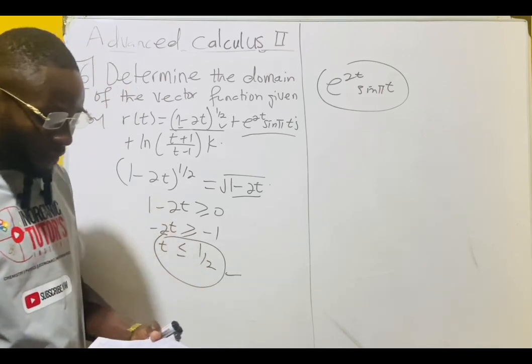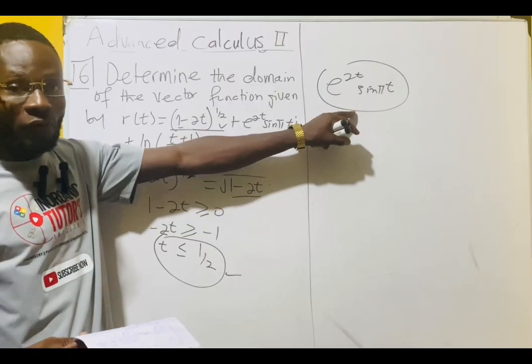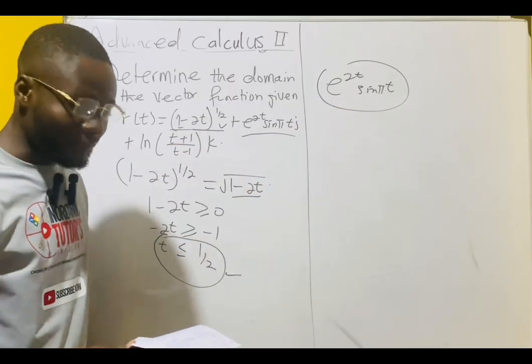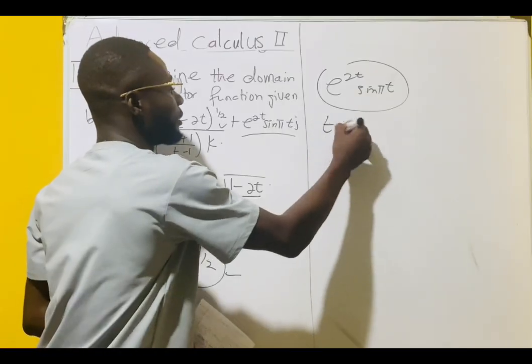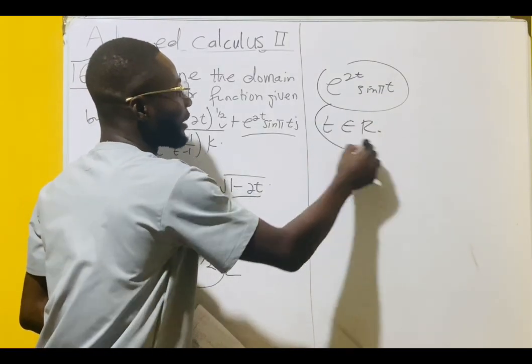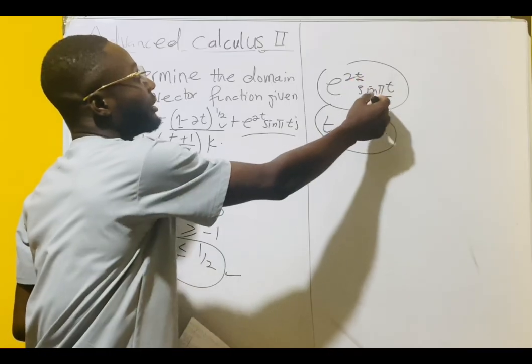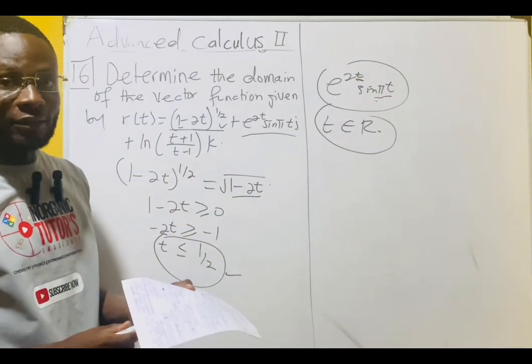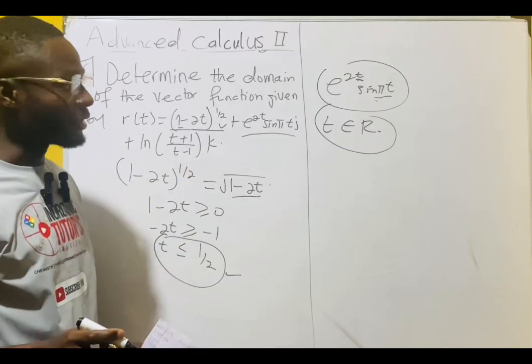So with that one, we don't worry about that. Whatever value you put here is going to make this thing defined, right? So for the second component, we don't have a problem with that.